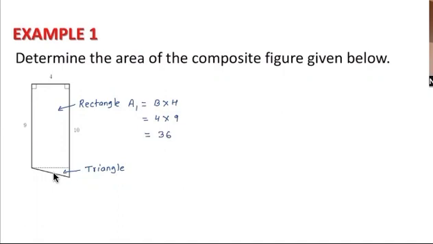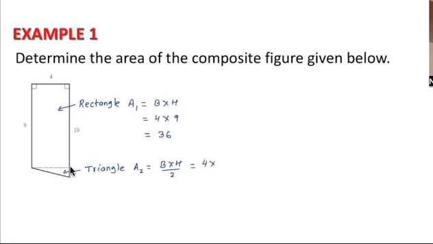Whereas the area of this triangle down here, let's call it A2, is base times height divided by 2. The base of this triangle is the line that I have drawn, which is 4, times the height.